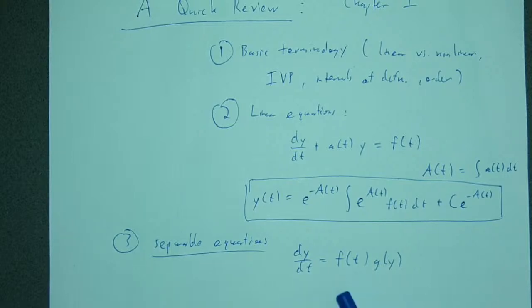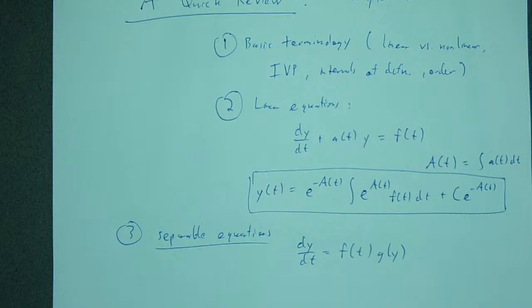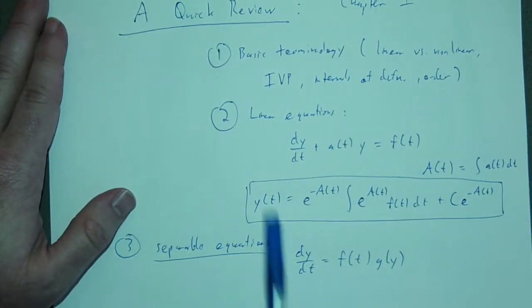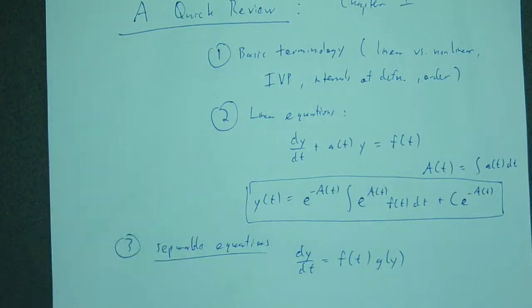Similarly, how to solve this also relies on solving two integrals, but finding an explicit solution would rely on you finding an inverse to one of these resulting integrals, and that could be a little bit trickier. Notice separable equations are not necessarily linear. Linear equations are not necessarily separable. There's overlap, so some linear equations are separable. Some separable equations are linear, but they definitely contain equations that don't belong to the other one. So these are two different things.